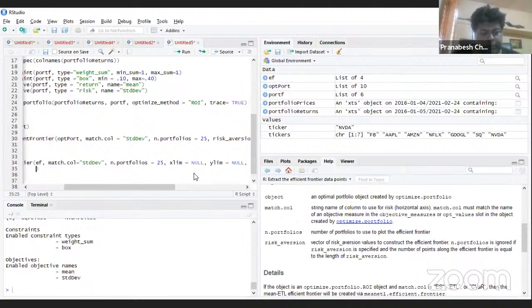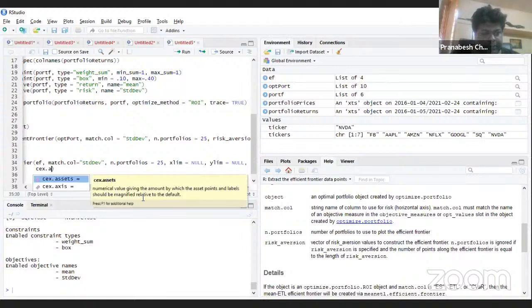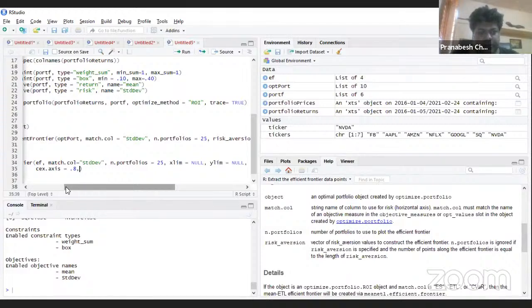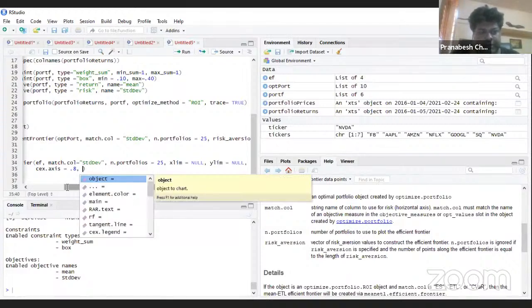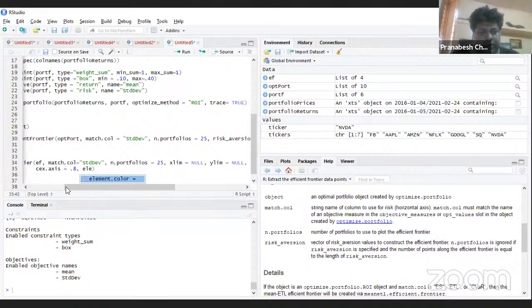We want to give cex.axis. 0.8 is generally enough. Element color, let's say gray. Now we want to give a name to our graph: Efficient Frontier.